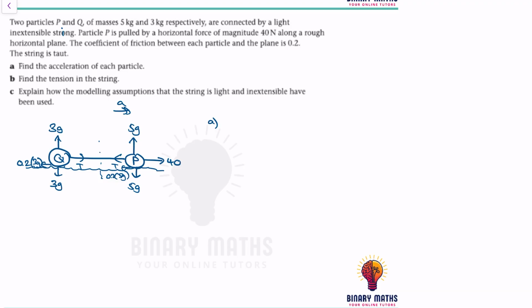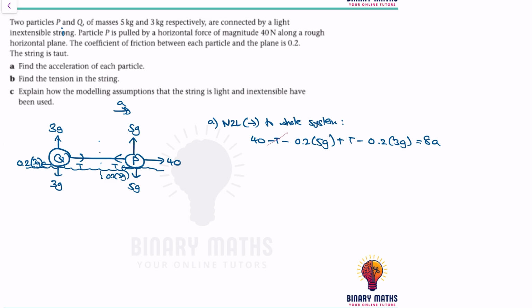So first thing, we need to apply Newton's second law horizontally to the whole system. Then we get 40 take away T, take away 0.2 times 5g, plus T take away 0.2 times 3g is equal to total mass, which is 8 times acceleration.